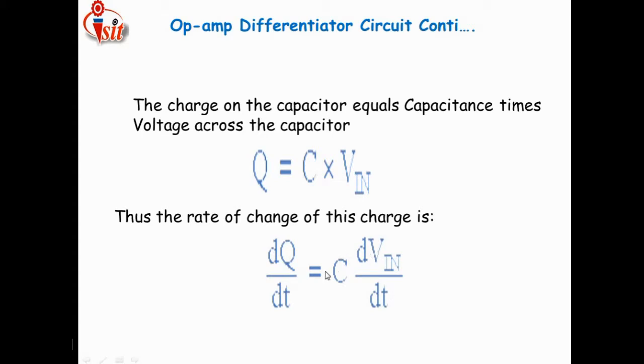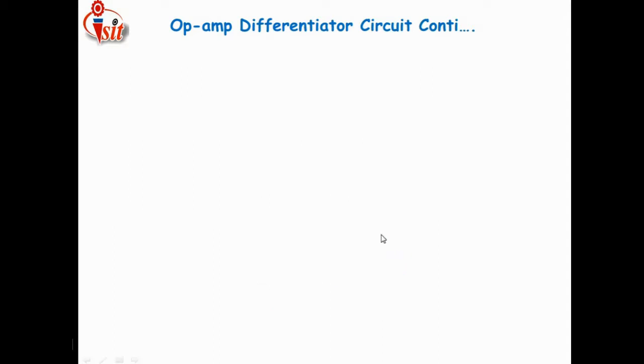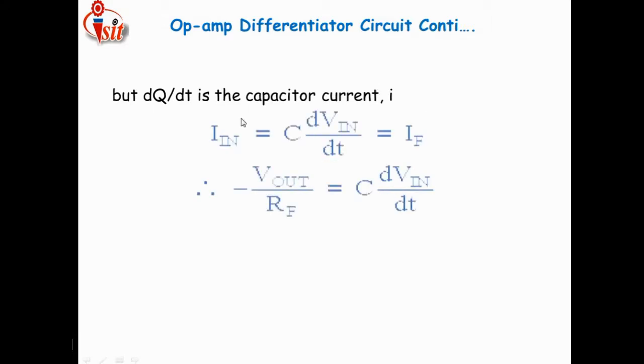C is the capacitor value and it is a constant. Only the varying factor is the charge rate and input voltage. But d by dt of Q is the capacitor current and it is denoted by I. Then how are we going to calculate that I? Just see, I in is equal to C d by dt of V in.